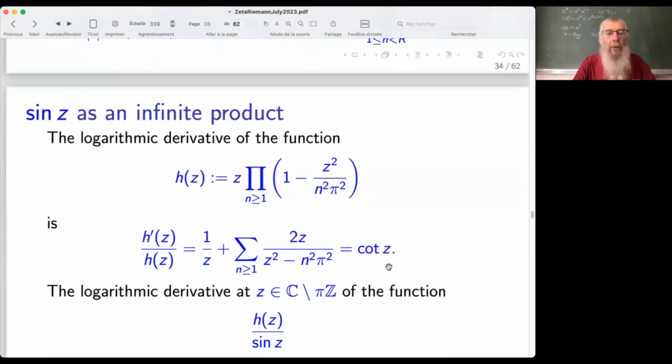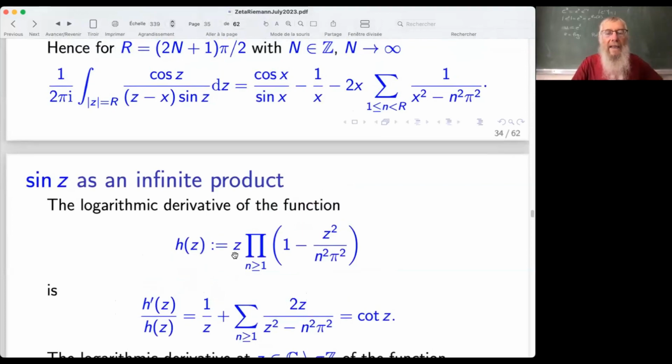Now, I wanted to prove that the sine z is z times the product of 1 minus z squared over n squared pi squared. And so we consider this function, h of z. We want to prove that it is the sine of z. For that, we have an infinite product. It is natural when we have an infinite product to take the logarithmic derivative.